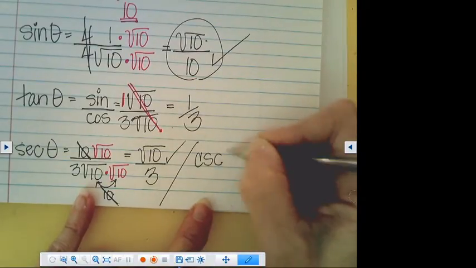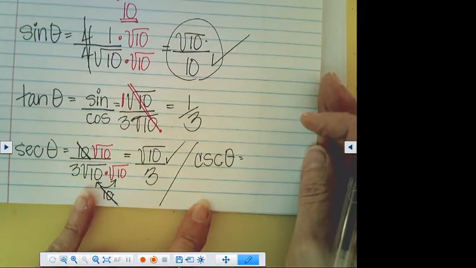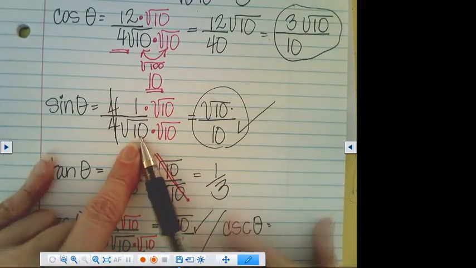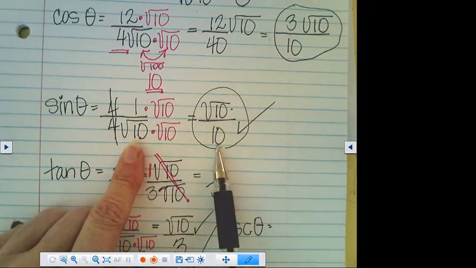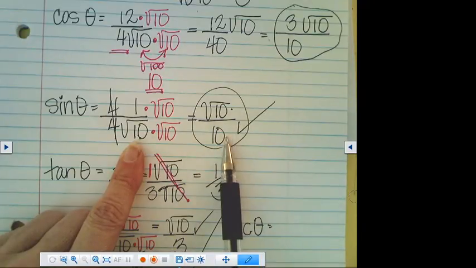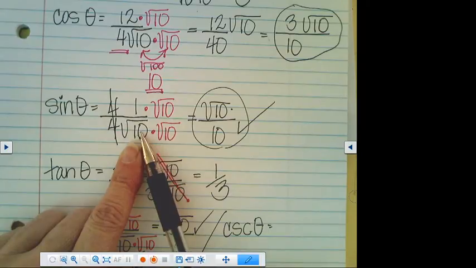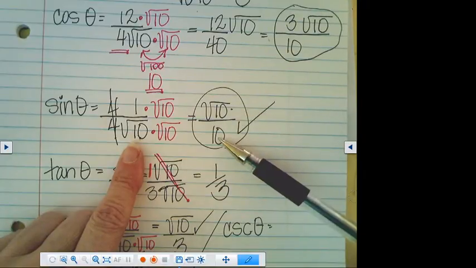CSC, cosecant. All right, look back up. Let's go here. Okay, guys, remember me telling you that you can use either this fraction or the final answer you got right here to flip. Which one of these do you want to flip? And when you do, you want a numerator up top. You don't want a numerator in the bottom. You guys see how if we flip this one, we're going to put that square root of 10 back down.